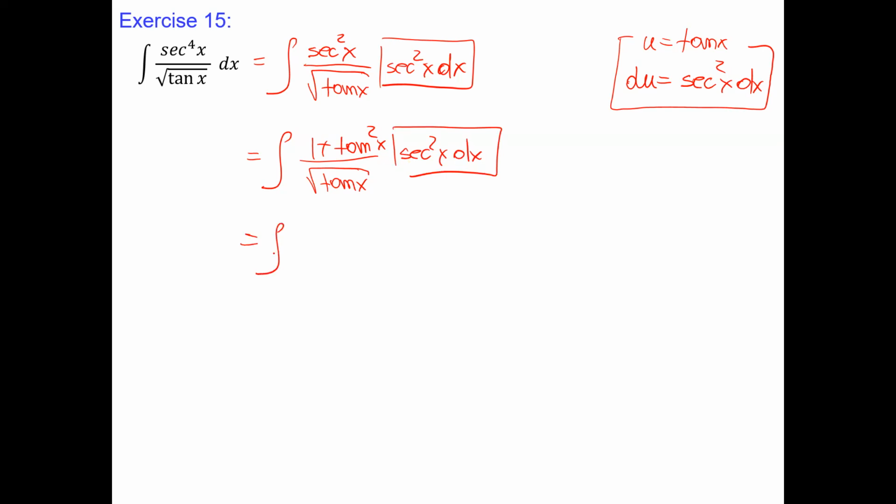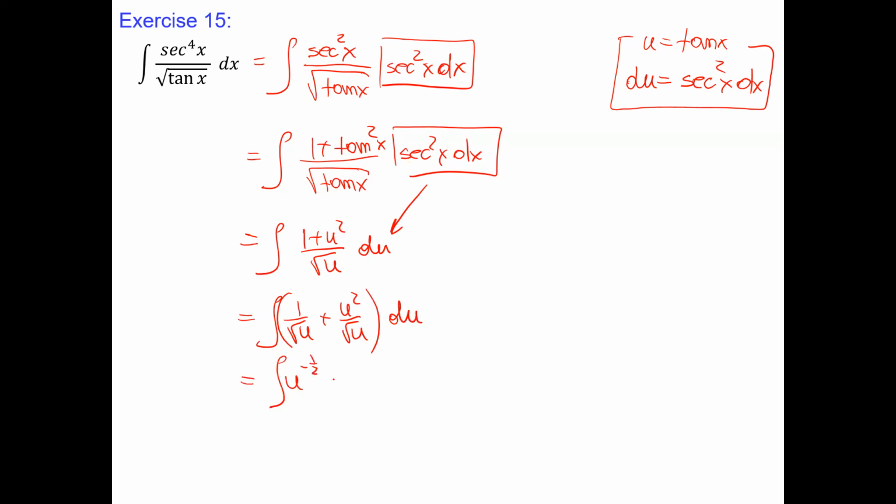Okay, so we have u is tangent of x. Maybe the other way, tangent of x is u. 1 plus u squared over square root of u, and this is du. 1 over square root of u, u squared over square root of u, du. This is u to the negative half.